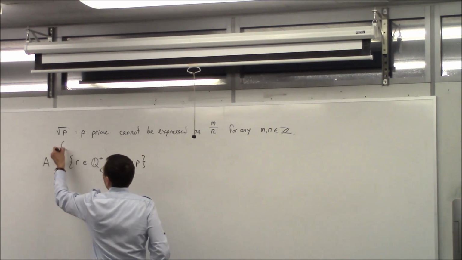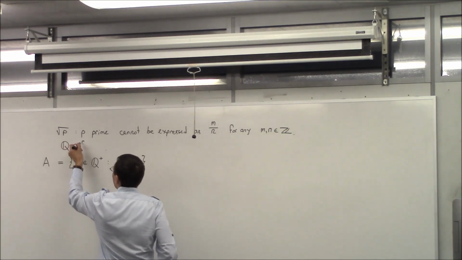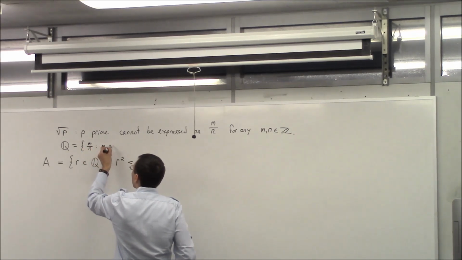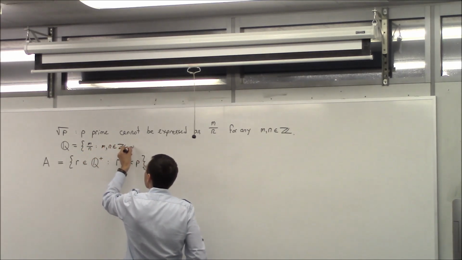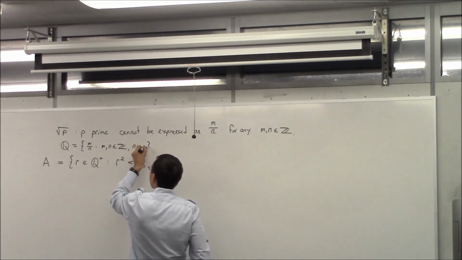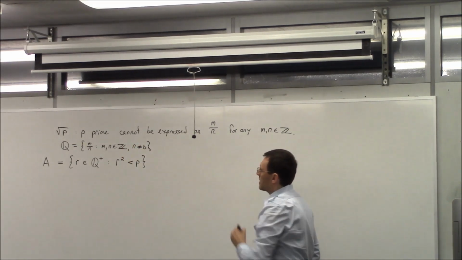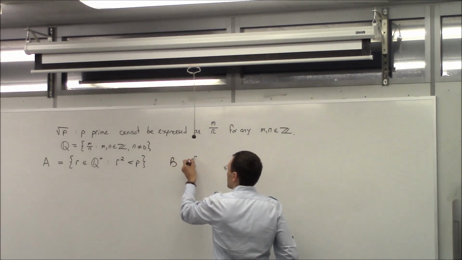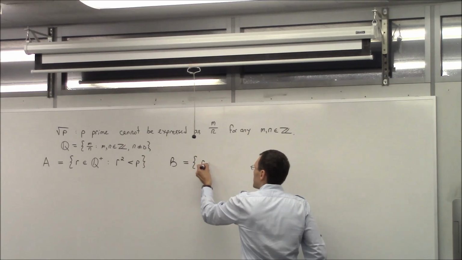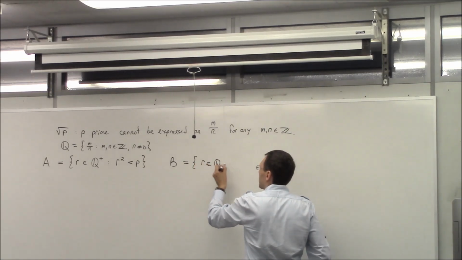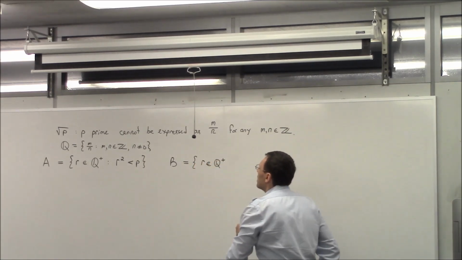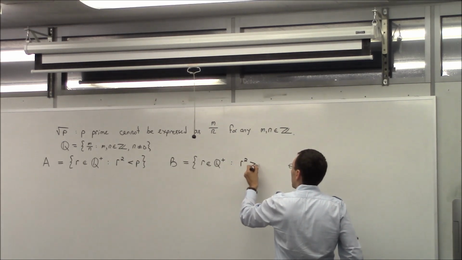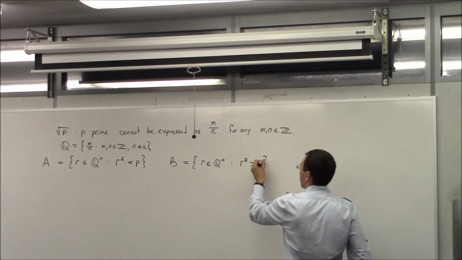You remember Q just stands for the rational numbers. So you have the set A, and you have the set B, which would be all positive rationals that when you square give you a value bigger than p. Okay?